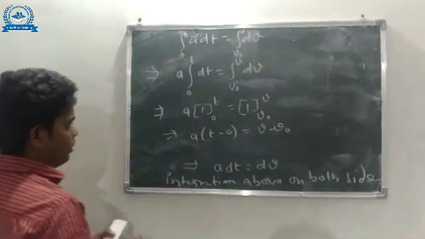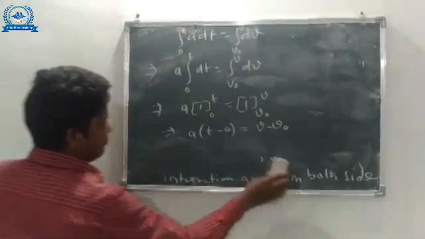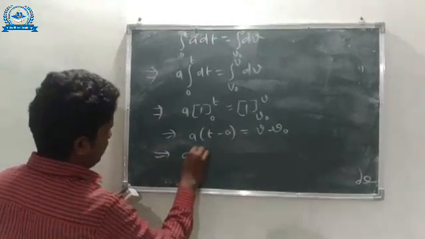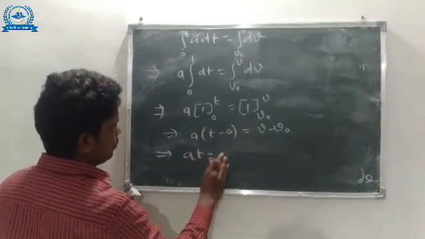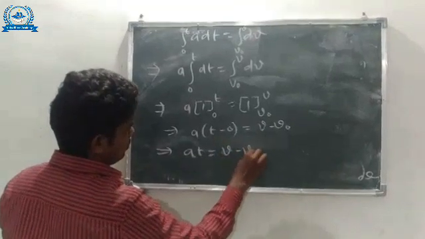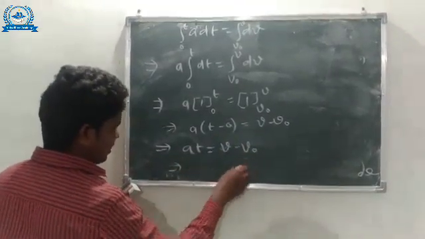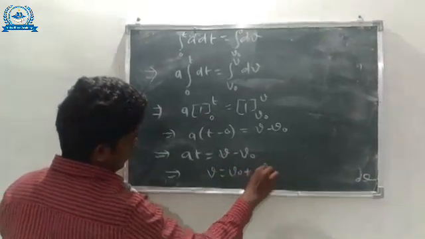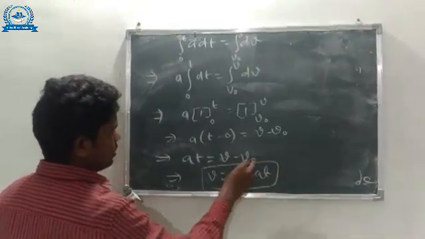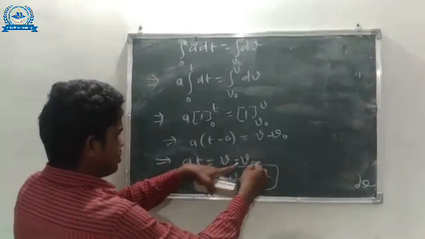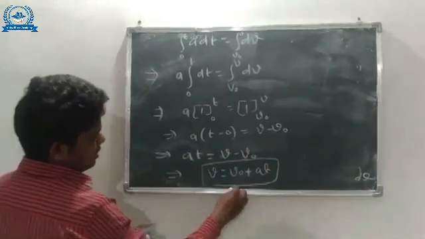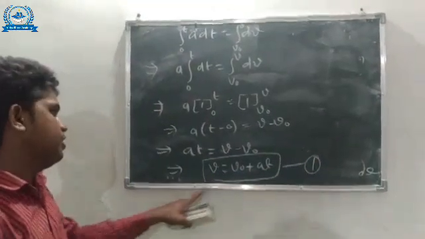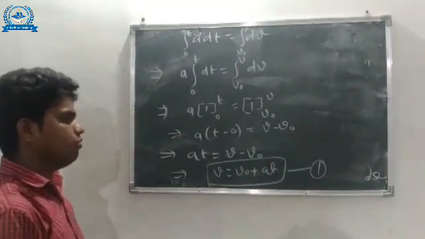Opening the bracket, you will get at is equal to v minus v0. This comes out as v is equal to v0 plus at. Just transpose this v0, which is the initial velocity, to the left hand side. This is nothing but the first equation of motion. So we have proved the first equation of motion.